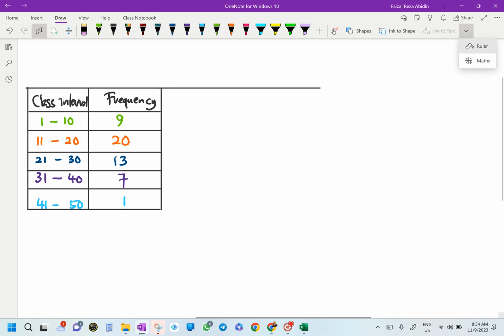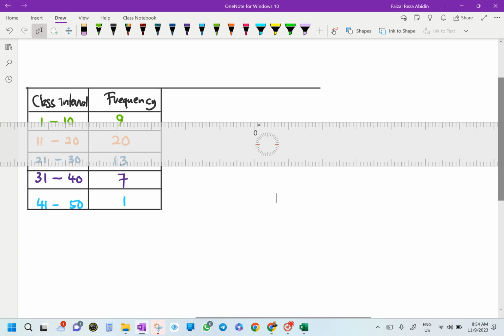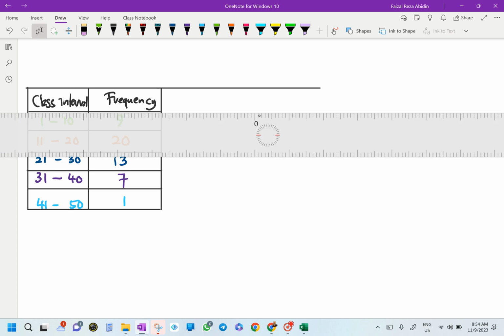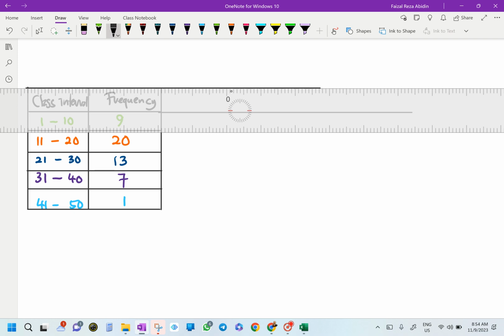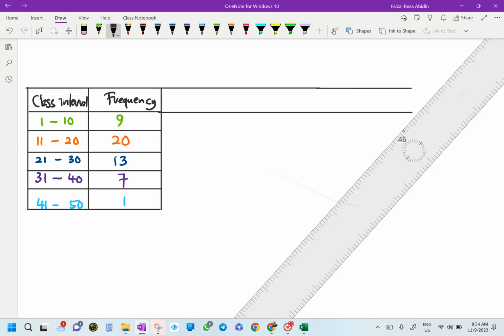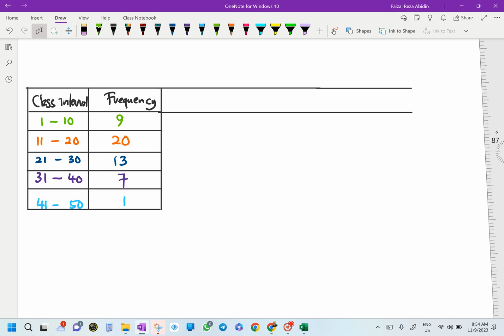What we are going to need here is our lower limit, then upper limit, midpoint, lower boundary, upper boundary, and size of class interval.